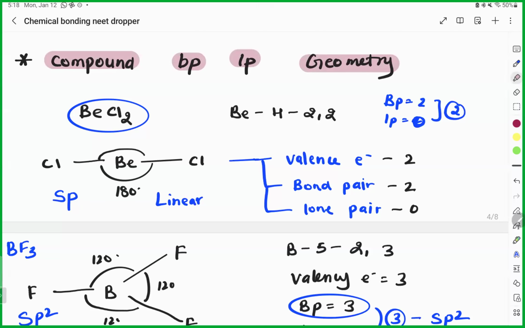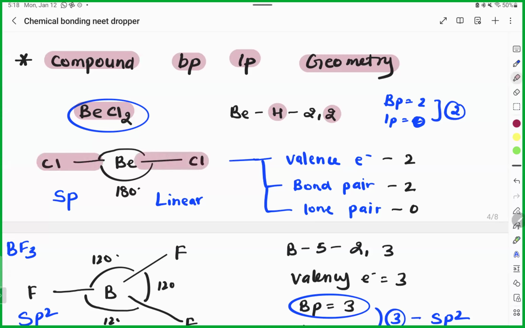So example, if you take BeCl2, first you have to check what is the atomic number of beryllium. Varinder, what is the atomic number of beryllium? 4. So first shell 2, second shell 2, correct? So it means beryllium has 2 electrons in the outermost shell, and both electrons are bonded with the chlorine, correct?